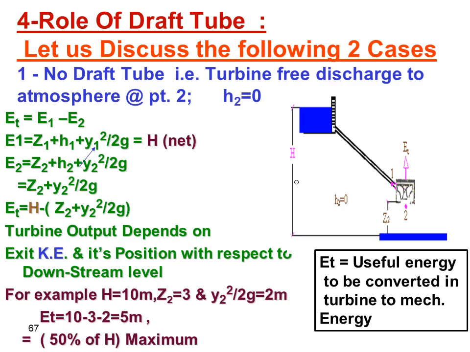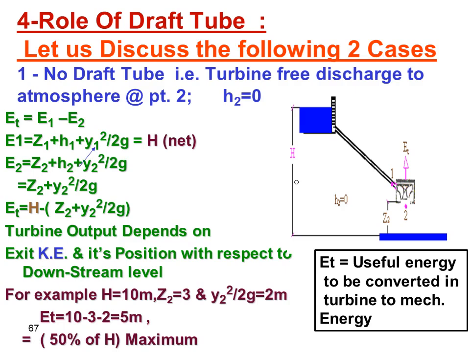V1 here means the velocity at point 1. So energy at 1 equals energy at 0 minus the losses in the pipeline. If we neglect the loss in the pipeline, E1 could be equal to the energy in the upstream level, which will be equal to H.